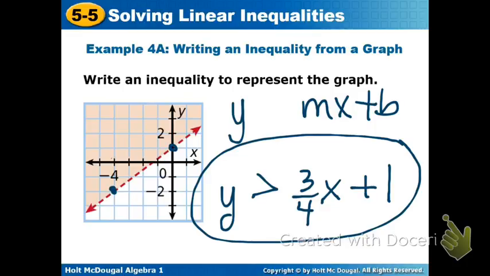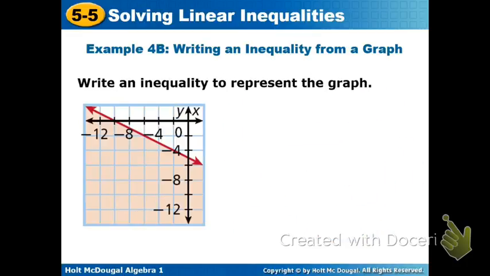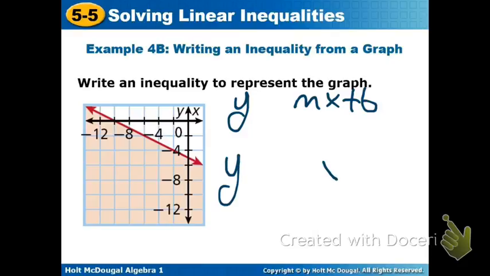Alright, next up we've got one more example here, and then I'll let you get busy with your work. Write an inequality to represent the graph shown. This one's just like what we just did on the last slide. We've got to do the y, mx plus b. Remember, y is always there, and x is always there. So now let's start with our intercept. Notice this one's just a little bit tricky.